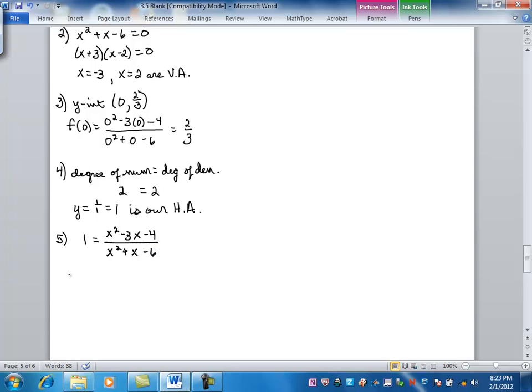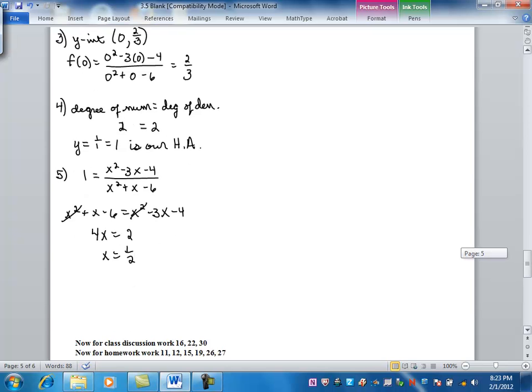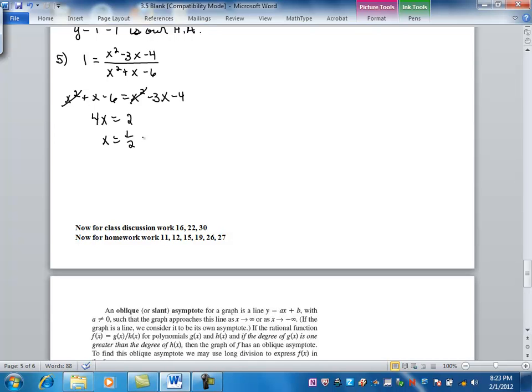Well, we can multiply both sides by x squared plus x minus 6, giving x squared plus x minus 6 equals x squared minus 3x minus 4. Alright, well, my x squareds drop out. I'm going to move the x's over here to the left. So this is 4x equal 2, which means x equals 1/2. Now, we're going to cross the horizontal asymptote here. And I can get the corresponding y value by looking at f of 1/2.